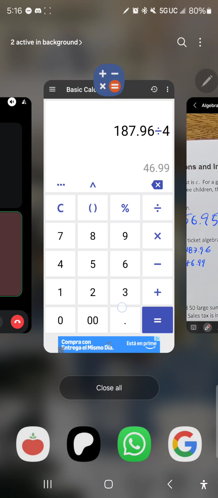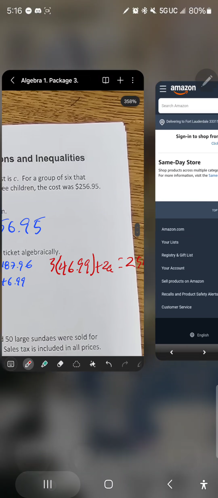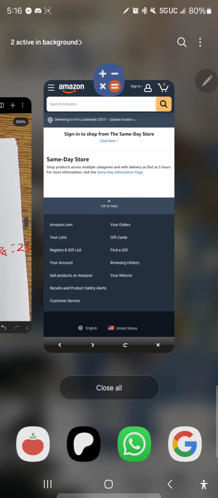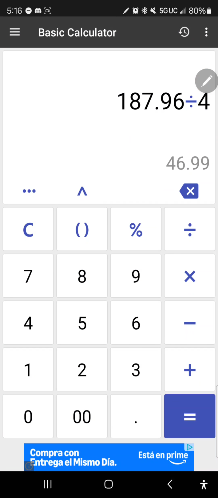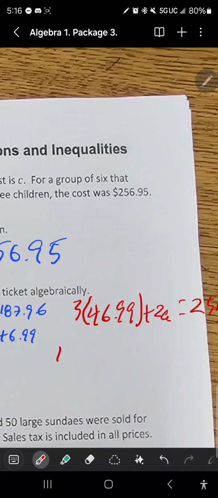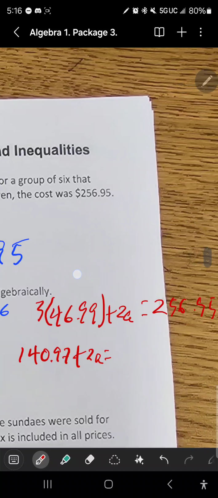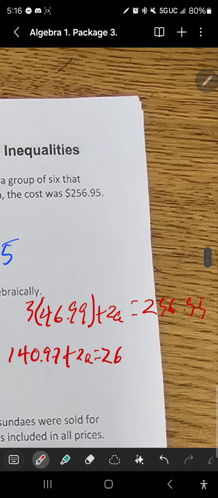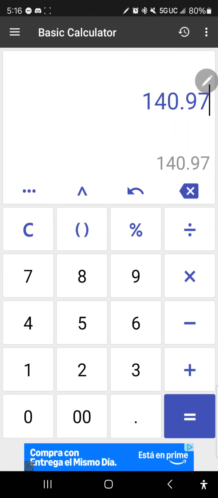So 3 times 46.99 is 140.97, so 140.97 plus 2A equal to 256.95. Now I subtract 140.97 from both sides.